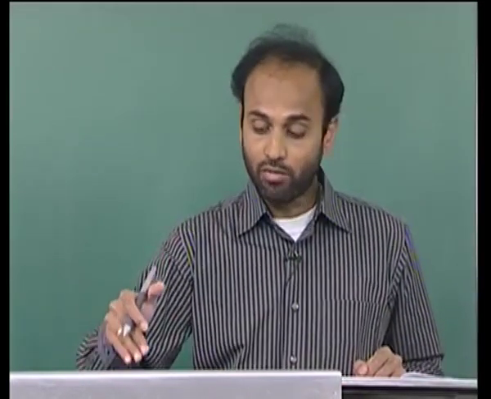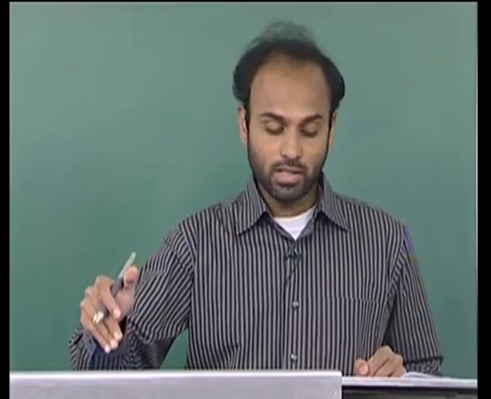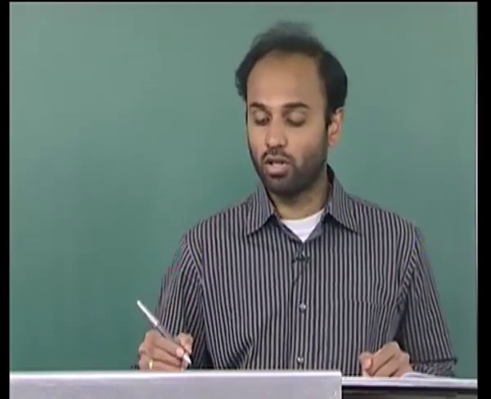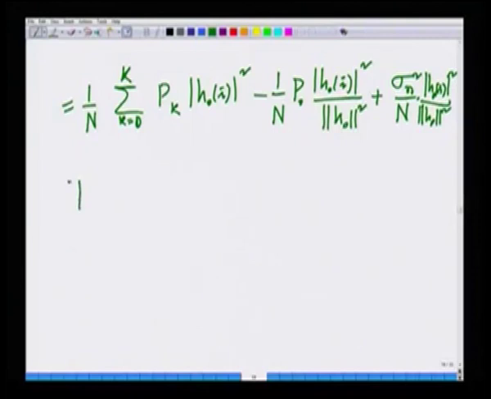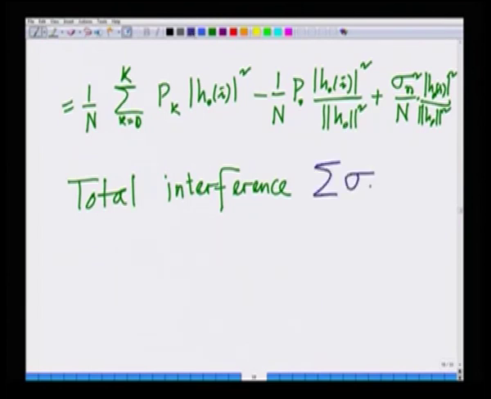So, the total interference after recombining is the sum of the interference across all these branches.